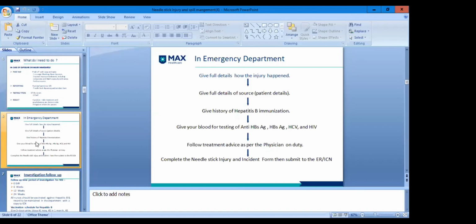Then you have to give blood for testing of anti-HBs antibody titers, HCV and HIV viral markers, because that is an important source of risk. Then follow treatment advice as per the physician on duty, complete the needle stick injury incident form, and submit it to the ER or the infection control nurse. This is the protocol in our hospital.